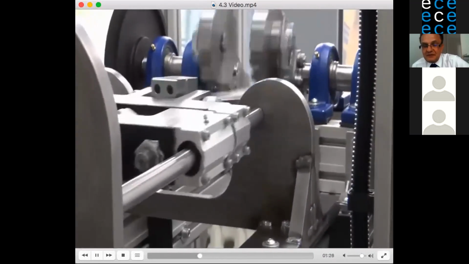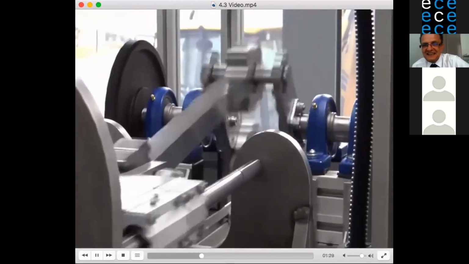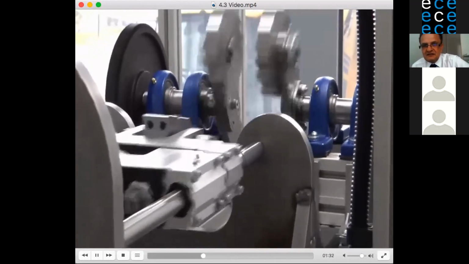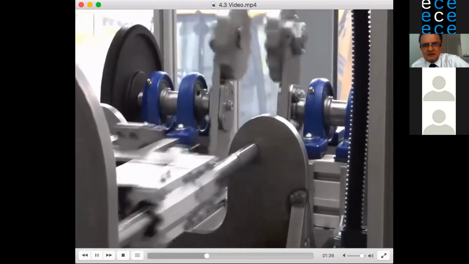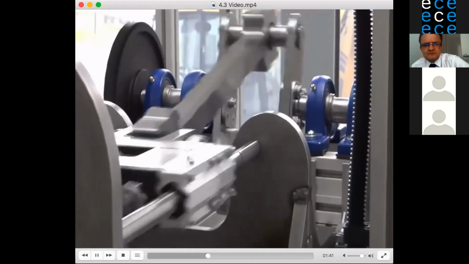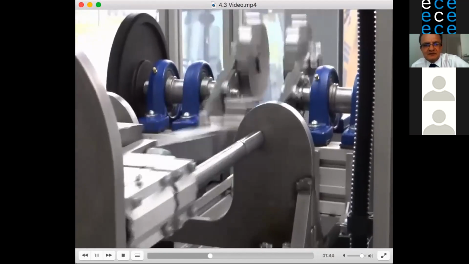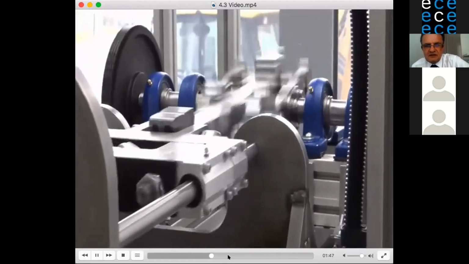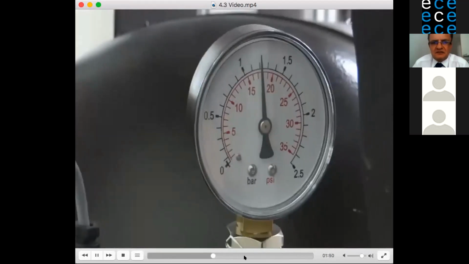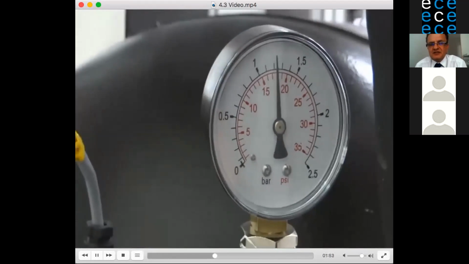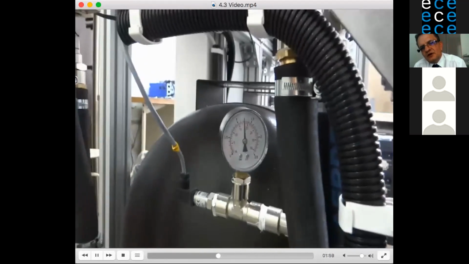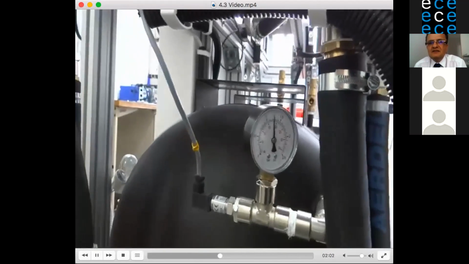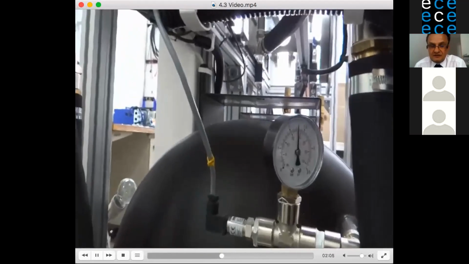To construct such a machine is a very heavy task, and this machine is also connected with the network. You see, this is the pressure tank, which has a gauge pressure of 1.25. So this machine works at very low gauge pressure. This is the advantage.